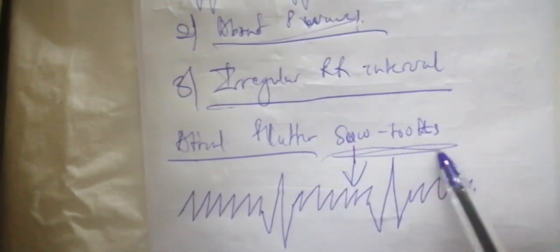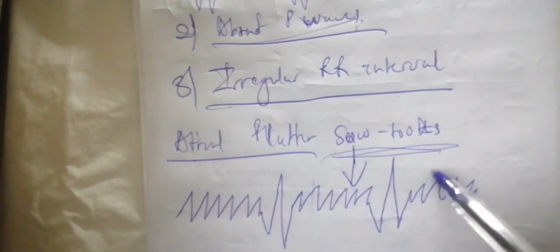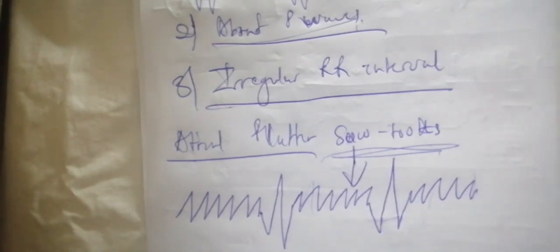When you see this sawtooth baseline, they are called flutter waves, and just know that it is typical of atrial flutter. So those are the different signs on the ECG for atrial fibrillation and the supraventricular arrhythmias. Now we move on to the next part of the ECG interpretation for arrhythmias, which is the ventricular arrhythmias.